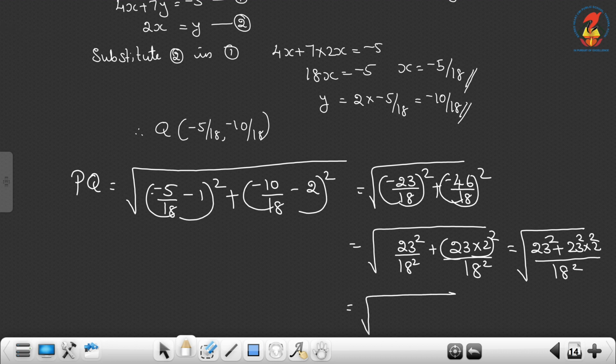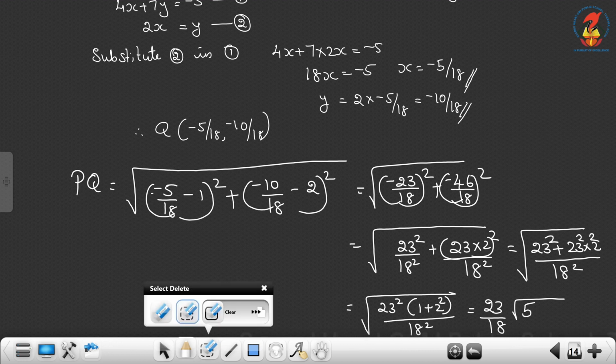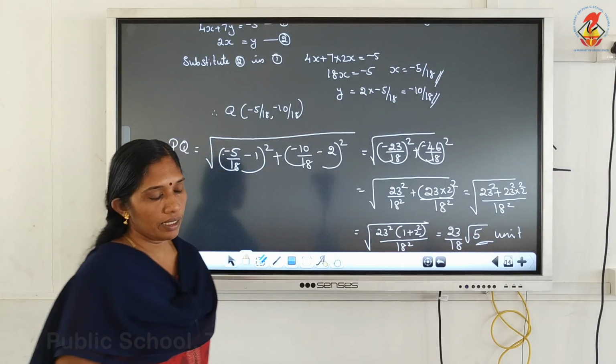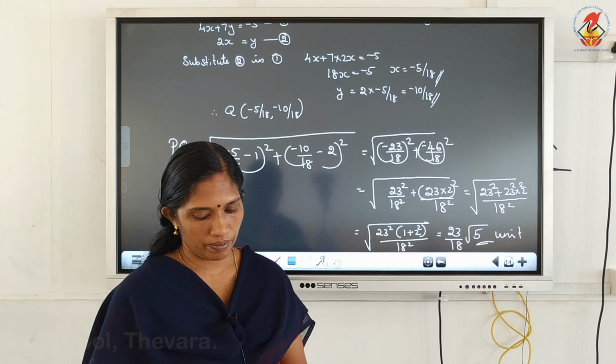Or we can write 23 square taking out, 1 plus 2 square, by 18 square. So 23 by 18 comes out, root of 1 plus 4. 1 plus 4 is 5. That much, units. So the distance is (23 by 18) root 5 units.